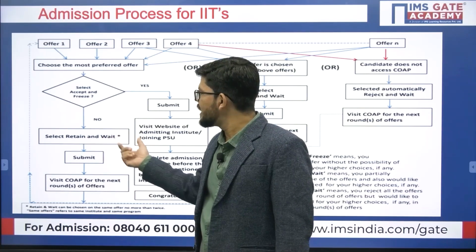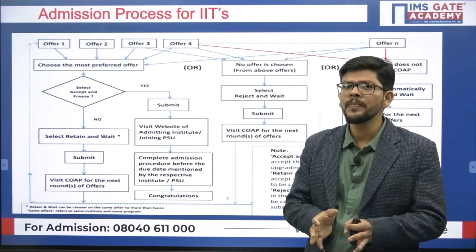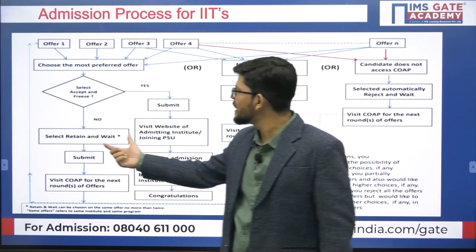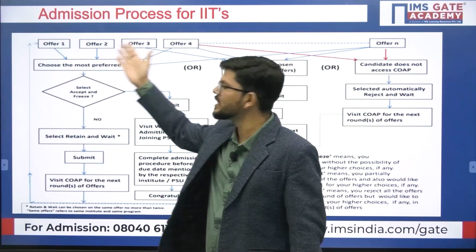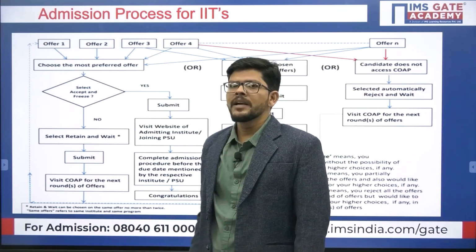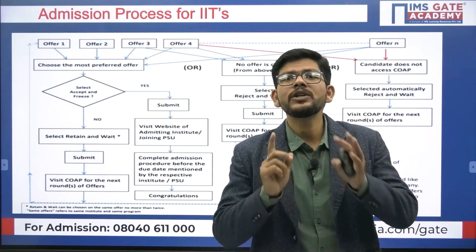Retain and wait means that you have partially chosen the option given by the IIT, but still you want to go for the further rounds. Then you will choose retain and wait and you will be eligible for the next rounds. So in the next round again the same process will continue. Mind it, you can choose the retain and wait option only twice.